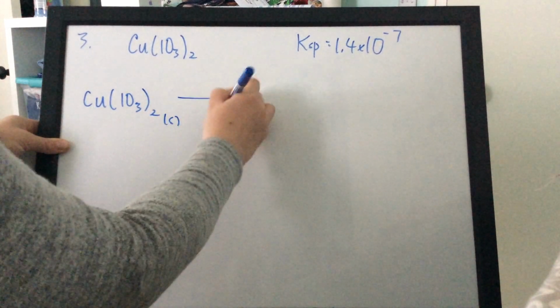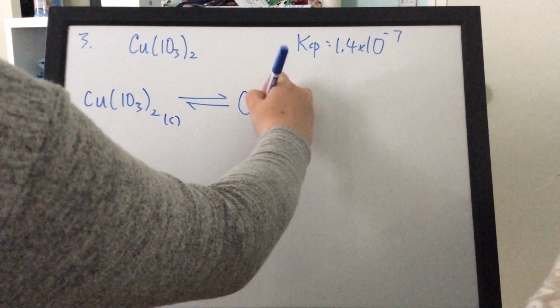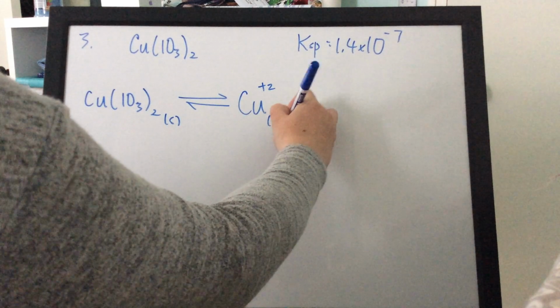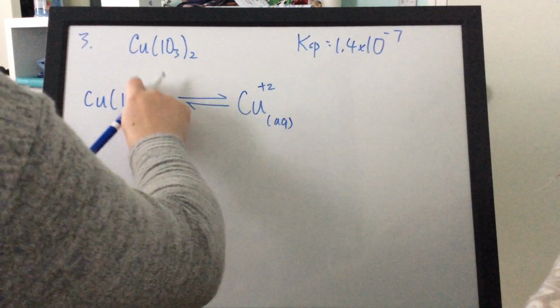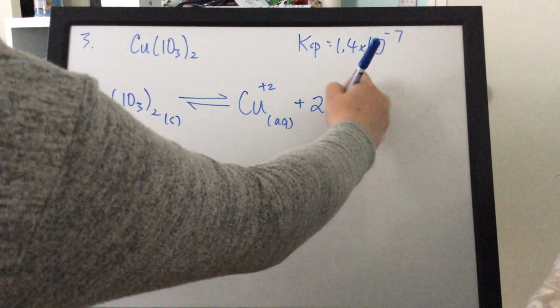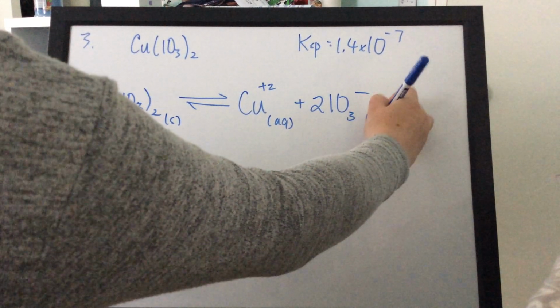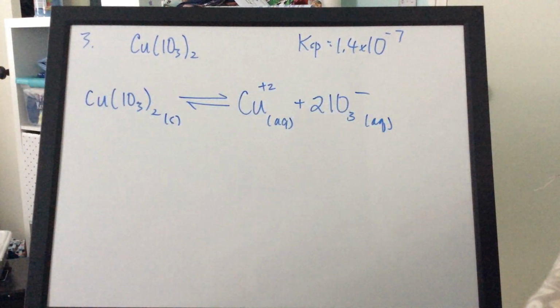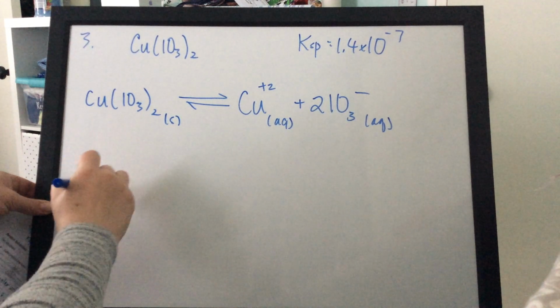So let's think about how we would do this. So we know this is going to ionize to some extent, right? If this is a +2, this guy's going to be a -1 because they gave me 2 of them. Okay, so I can write a Ksp expression.